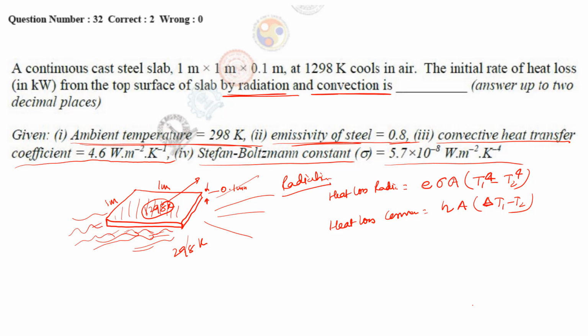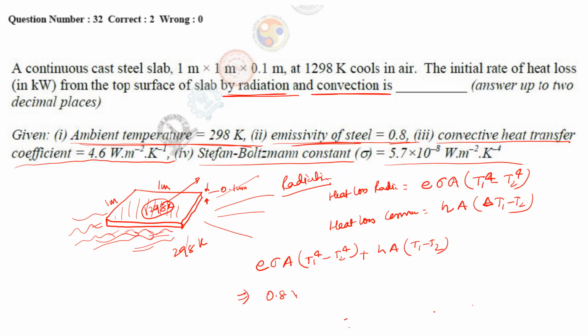E is nothing but emissivity here. So we will combine these two equations: E sigma A, T1 to the fourth minus T2 to the fourth, plus h A, T1 minus T2, right? So we'll put the values over here.